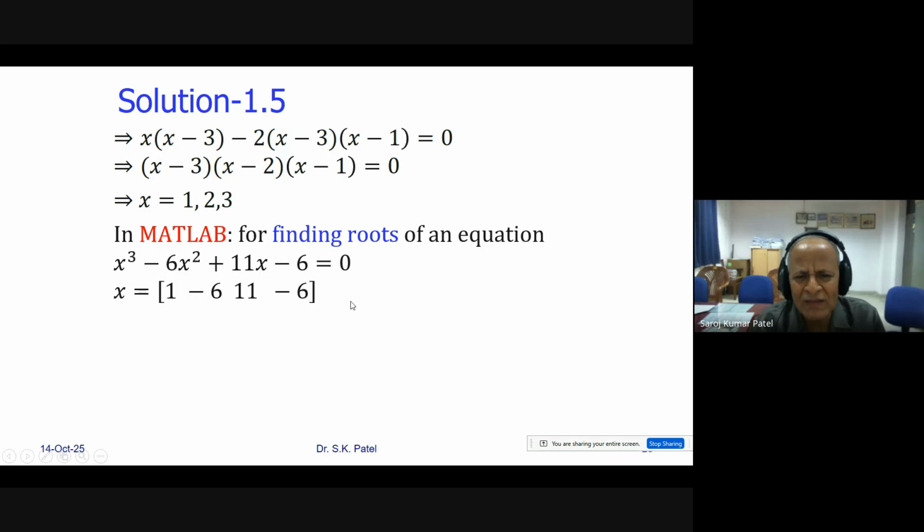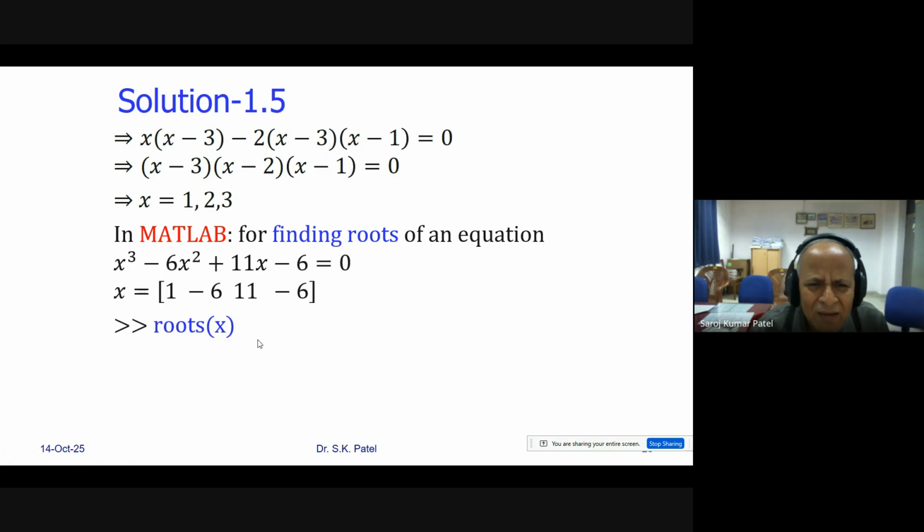If you write it like this and enter it in MATLAB, MATLAB will understand that this 1, minus 6, 11, minus 6 is a matrix of 1 row and 4 columns, and it has been stored in a matrix named X. And in MATLAB, unless otherwise specified, every variable is an array. So this is an array.